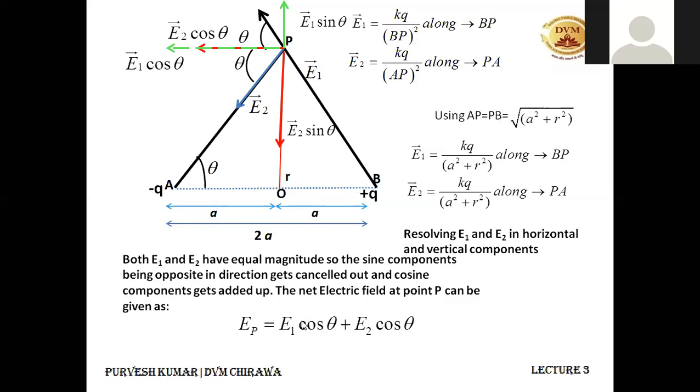So in place of cos theta, I can write A upon root of A square plus R square. E1 and E2 are the same, because they are the same in magnitude. So I can write E1 cos theta and E1 cos theta, and it becomes 2 E1 cos theta. All right.